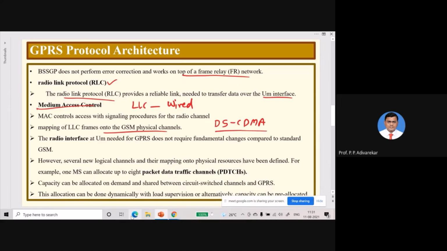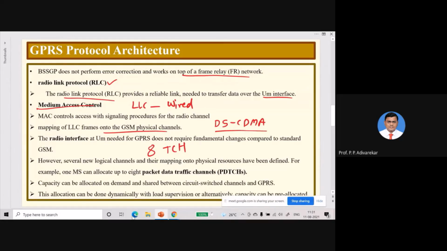One MS can be allocated up to a maximum of 8 traffic channels. That is the same as in GSM, if you remember, but for 8 traffic channels in GSM you need 8 different users.